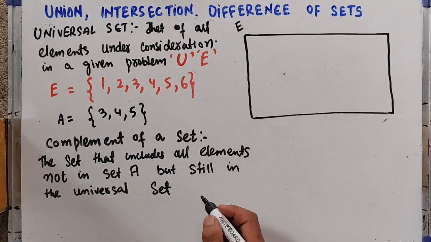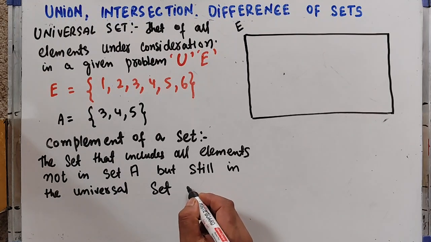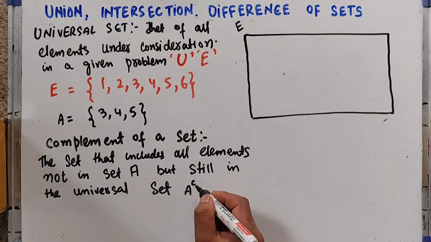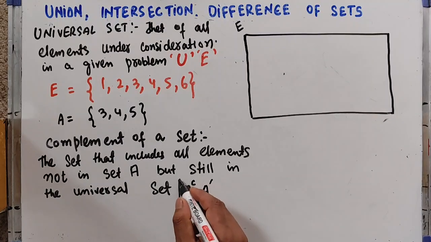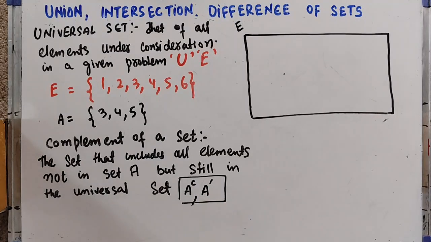The complement is denoted by A superscript C, so it denotes A complement or A prime. These are the notations for A complement.